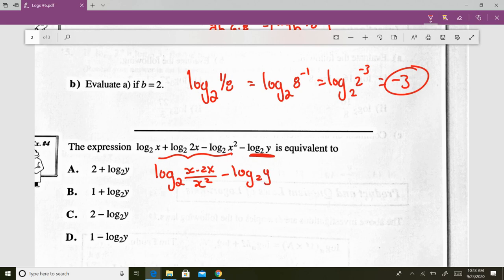Anything you're subtracting drops down to the denominator. What's x times 2x? 2x squared. x squared should cancel.